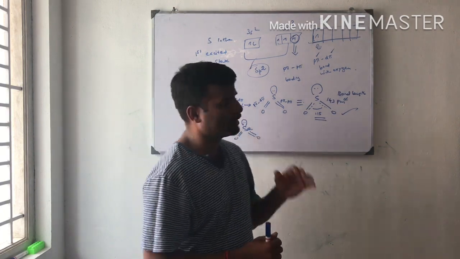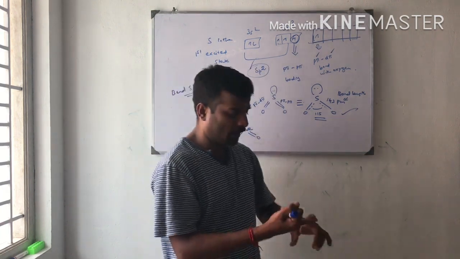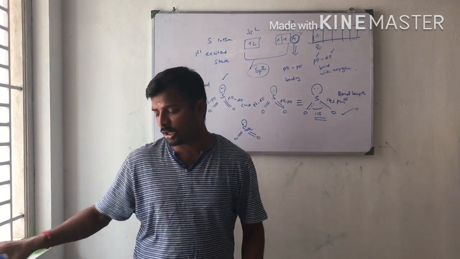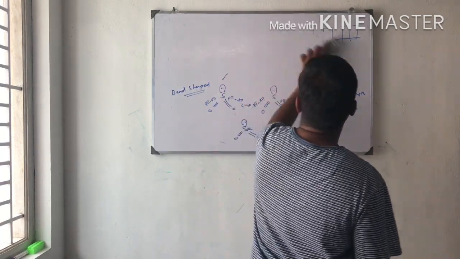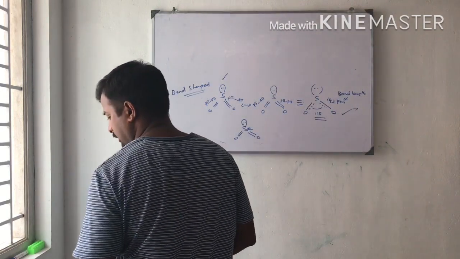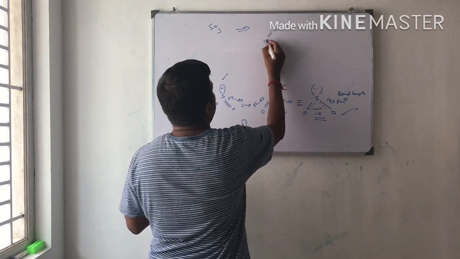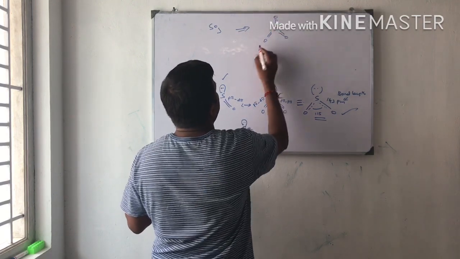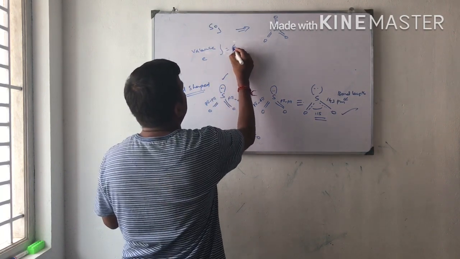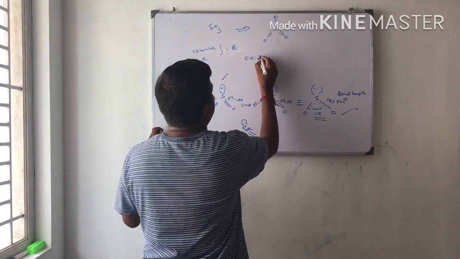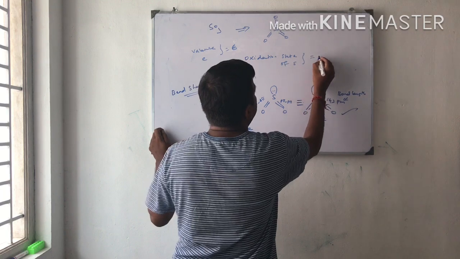So from this oxide portion, I have explained the points of dioxide and trioxide. Now I am going to start the structure of trioxide. Structure of sulfur trioxide. SO3 structure is like this. S double bond O, double bond O, double bond O. Sulfur valence electron is 6. Here the oxidation state of sulfur is +6.